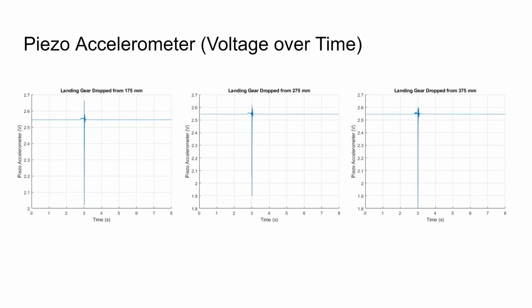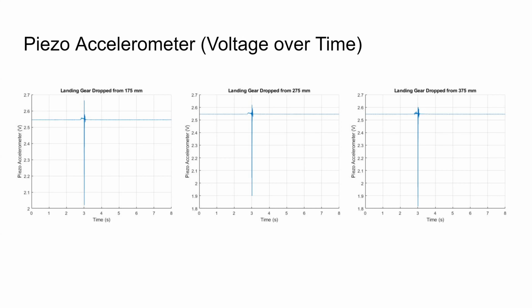Here we have the voltage over time for the piezoelectric accelerometer. The piezo voltage readings are the same before and after the landing occurs, which makes sense because the acceleration should be about 0 meters per second squared before and after the drop, because it's not moving at all.